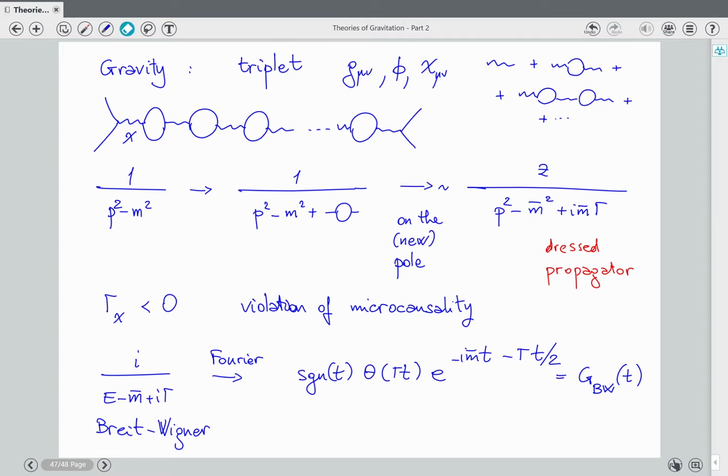And to study its effects, this calculation I will not make, but you can just compute the Fourier transform. You have one pole, so the residue theorem is very simple to apply here. And you will have to close the contour, the integration path, above or below, depending on the sign of the imaginary part, gamma, which is what gives you a theta of plus t or a theta of minus t.